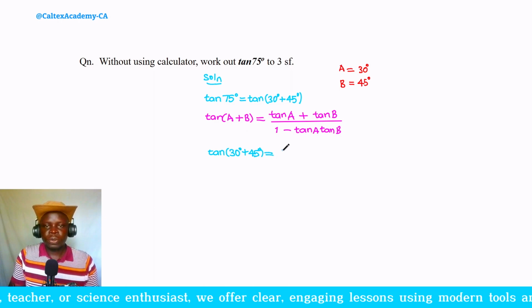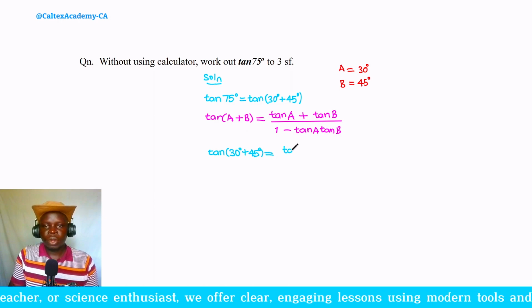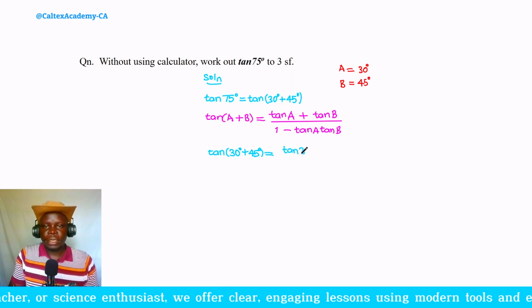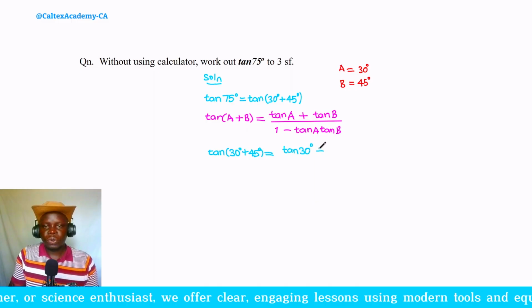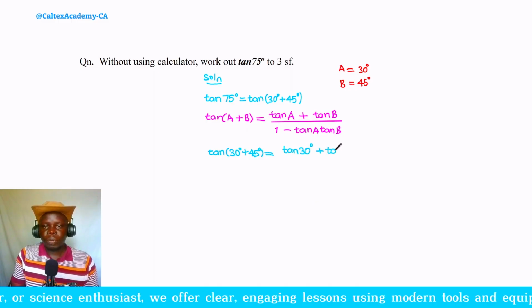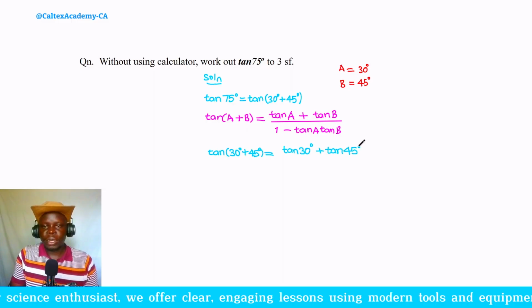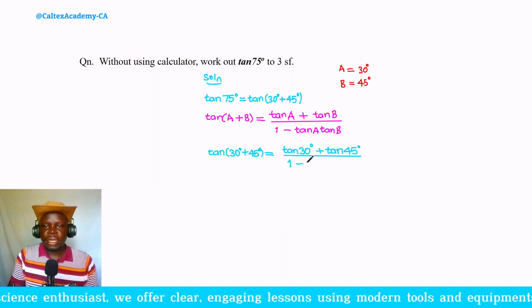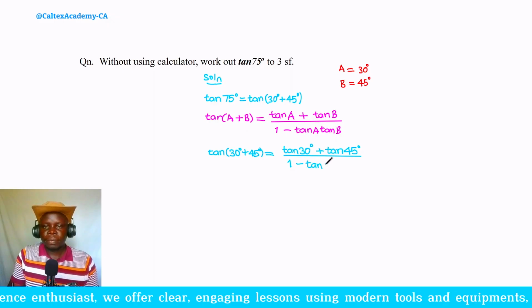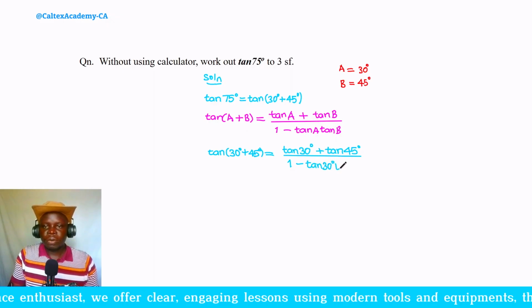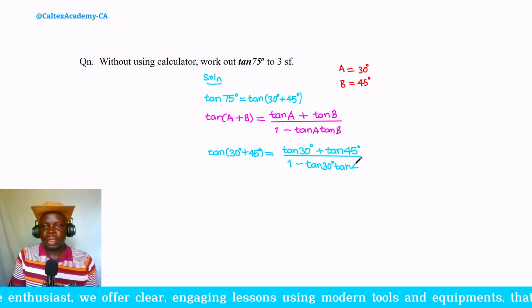This will be equivalent to, whenever we get A, we replace the A by 30 degrees and we add, when we get B, we also replace B by 45 degrees. So we can divide this by 1 minus tan of 30 degrees times tan of 45 degrees.